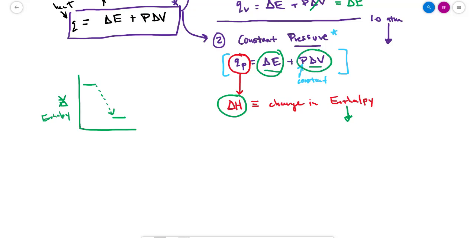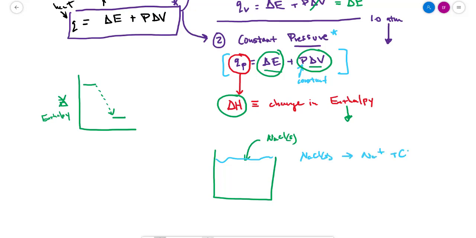You can imagine PV work can be inconsequential or even zero if you're thinking about reactions that are occurring in aqueous environments. So for example, if you wanted to figure out what the energy change was for throwing sodium chloride into a beaker of water, there's no gas change, or there's no change in the volume, because we're going from NaCl solid to Na plus and chloride, both of those aqueous. That's pretty inconsequential in terms of the volume change.